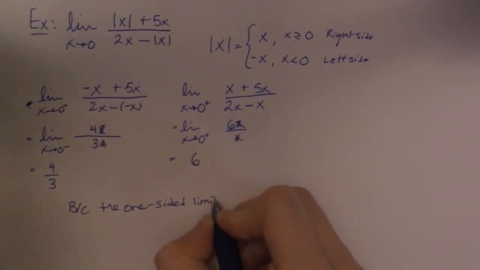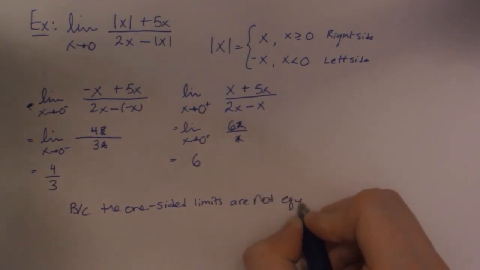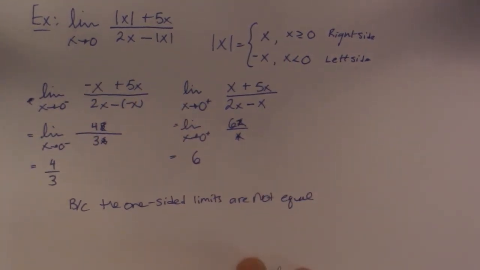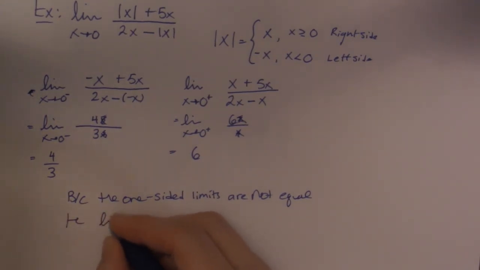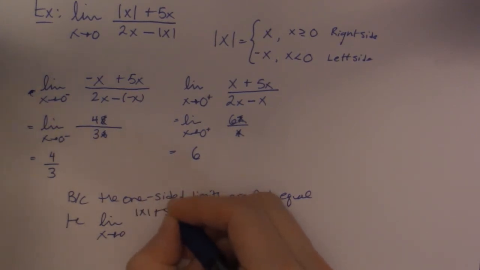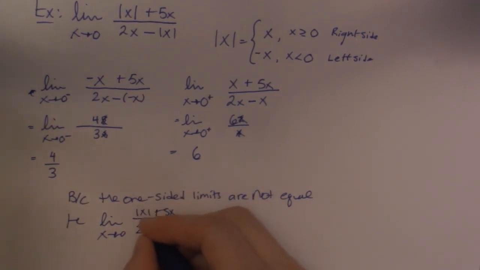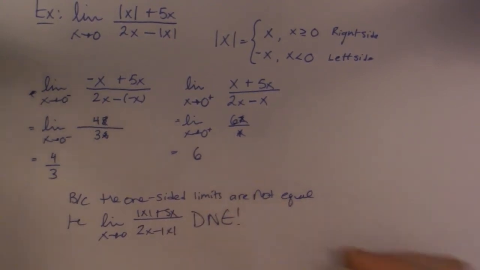So because the one-sided limits are not equal, the limit as x goes to 0 of the absolute value of x plus 5x all over 2x minus the absolute value of x does not exist.